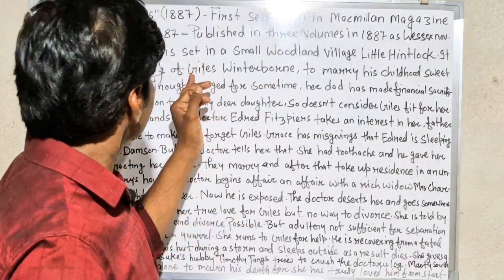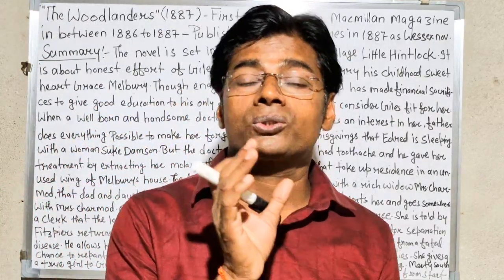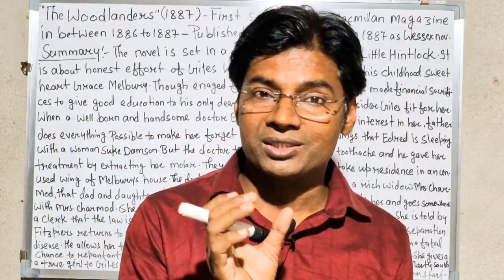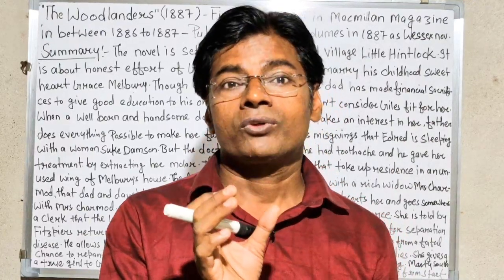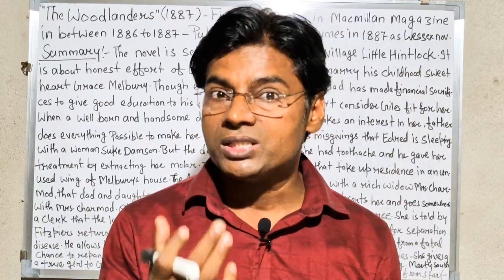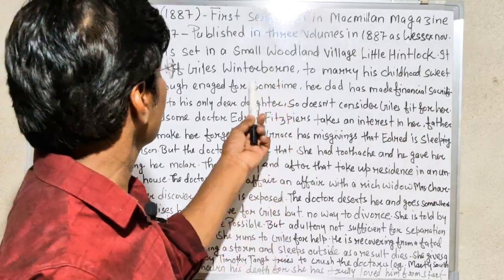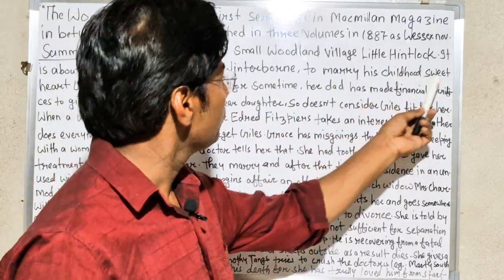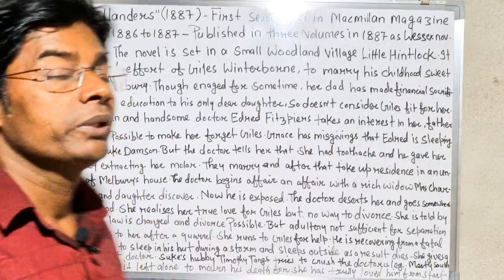His name is Giles Winterbourne, and the novel is all about his honest and sincere effort to win the heart of his sweetheart, that is, to marry his childhood sweetheart, Grace Melbury.